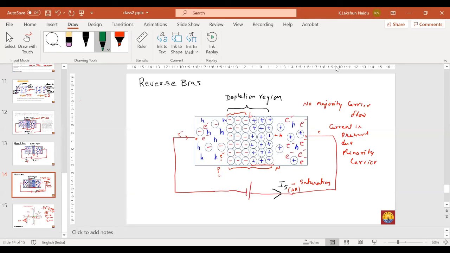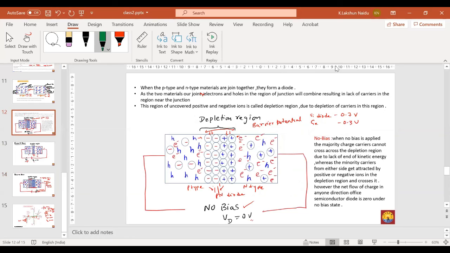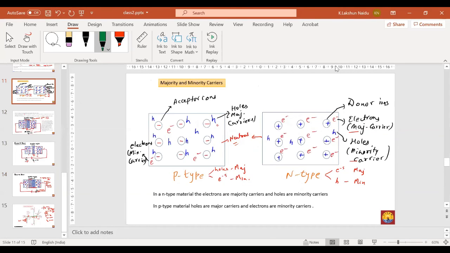Okay, so any questions in forward bias, reverse bias, or in the case of no bias, how the depletion region is formed, or what is the knee voltage? These things you practice, and over time it becomes easy, because people get confused.